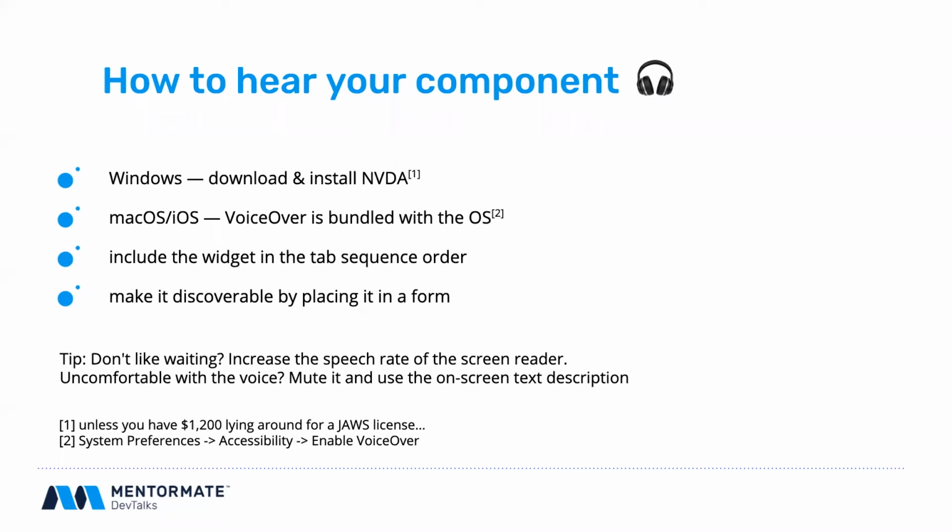There's a footnote here that the second most popular screen reader as of 2019, of course, costs about $1,200, and that's just too much for trying things. And if your project calls for it, sure, test also with JAWS. That's good advice that I can give for any type of testing, whether it's different browsers or different operating systems.